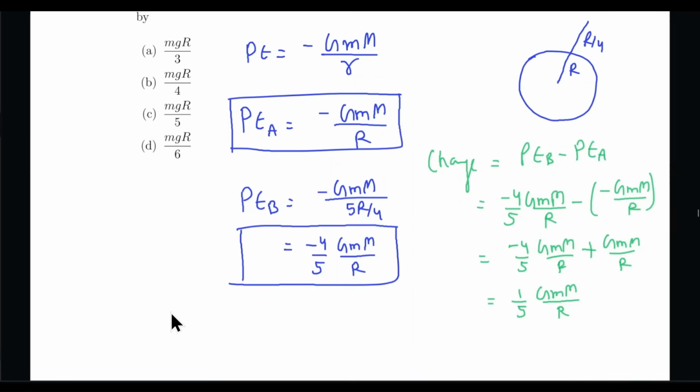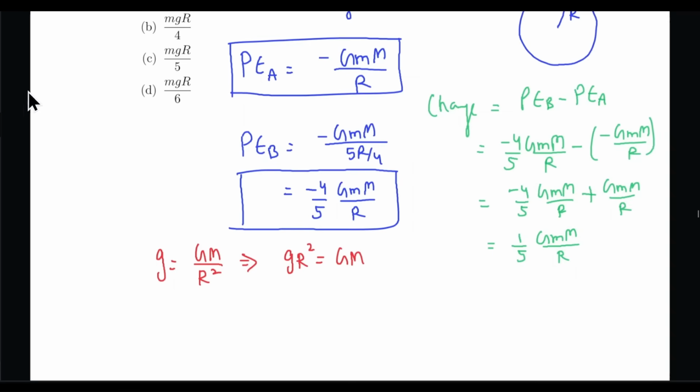The formula for g was GM over r squared, which means that if I multiply both sides by r squared, I get the GM value. So let's replace that GM over here. First, I'm going to rewrite it as 1 over 5 times small m over r times GM. And this GM is now replaced by g r squared.